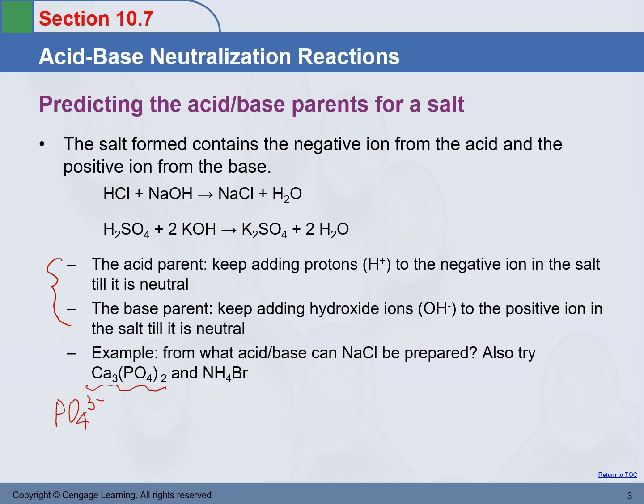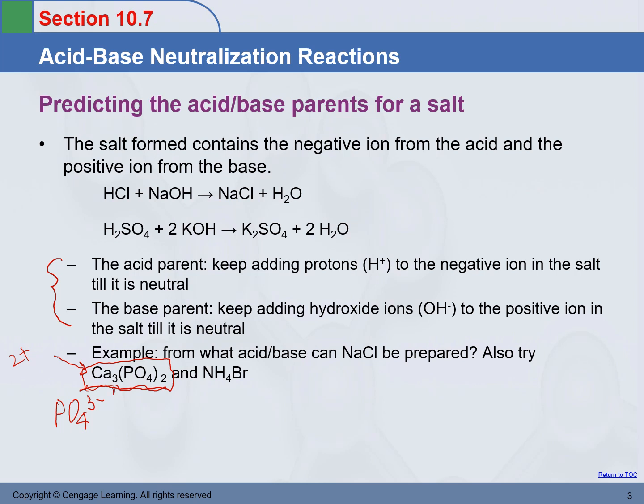How do you know that? Well, again, you should have memorized all the charges on the polyatomic ions. If you don't, given this formula, you should still be able to figure out the charge of phosphate is 3-, because calcium is 2+. Calcium is in column number 2. So calcium is 2+.